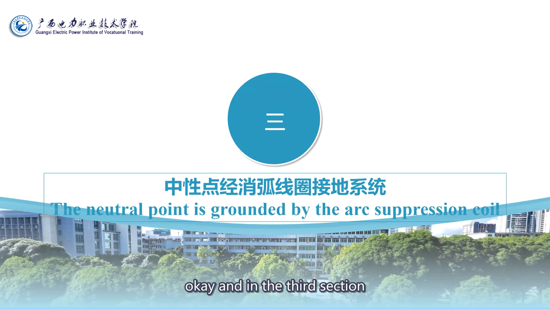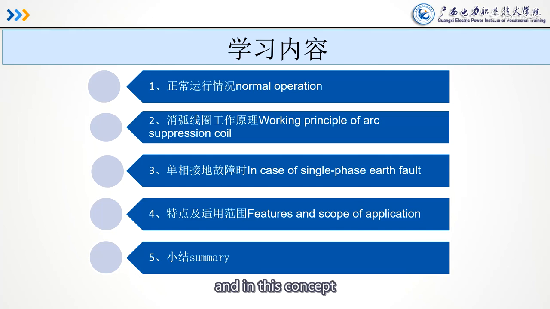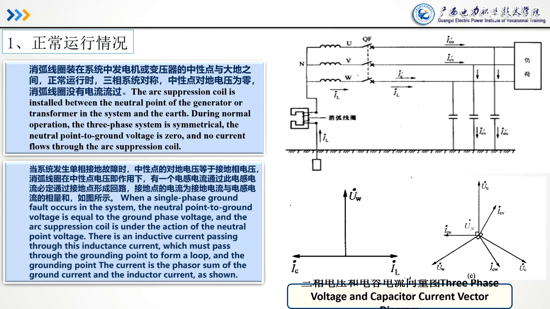Okay, and in the third section, we will learn about the neutral point grounded by the arc suppression coil. In this section, we will learn the normal operation and the working principle of the arc suppression coil, the case of single-phase earth fault, and the features and the scope of application.